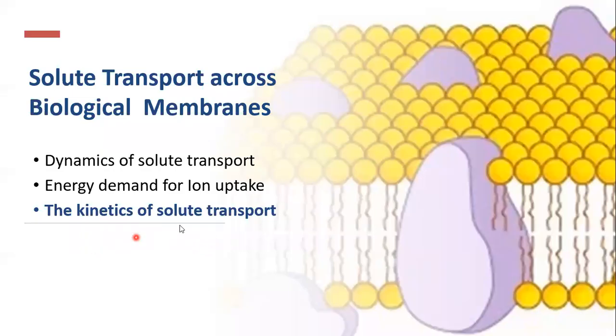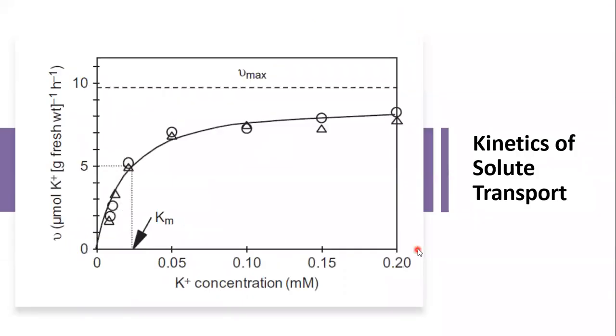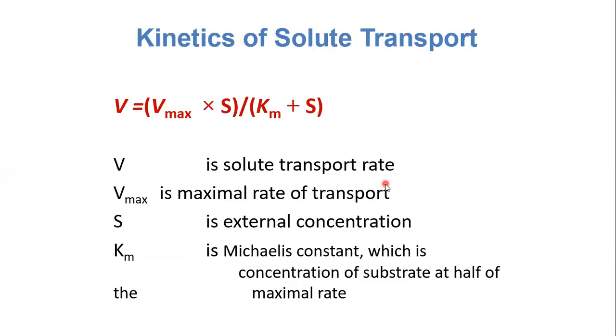The last is the kinetics of absolute transport. That is very simple, and is mostly used for enzymes. That is the Michaelis-Menten equation, and this is used to understand the kinetics of the transport.